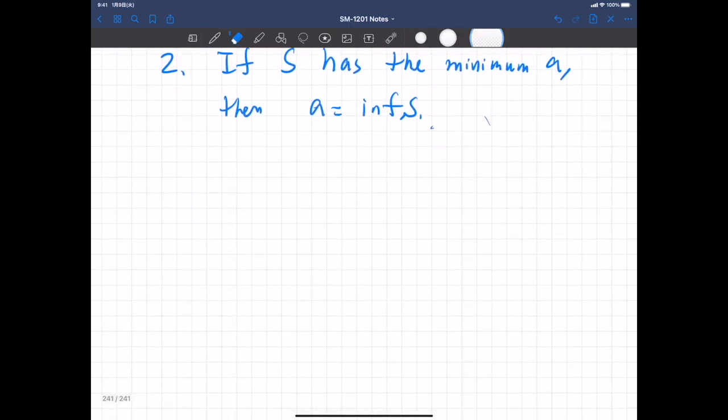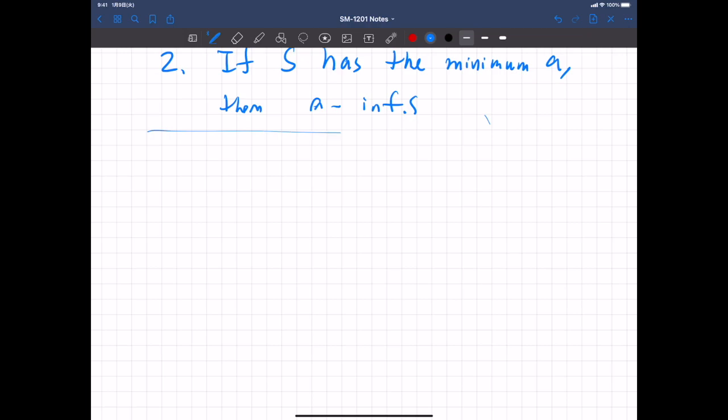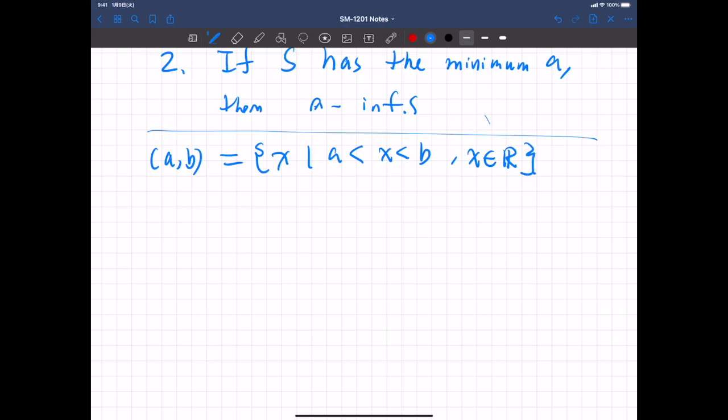Okay. Next, consider an open interval. So all real numbers between a and b, not including a or b. We exclude both a and b. Then what is the supremum and infimum of this open interval?